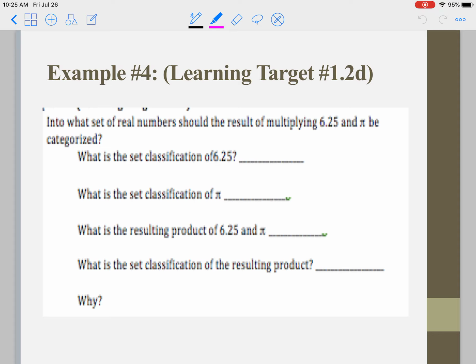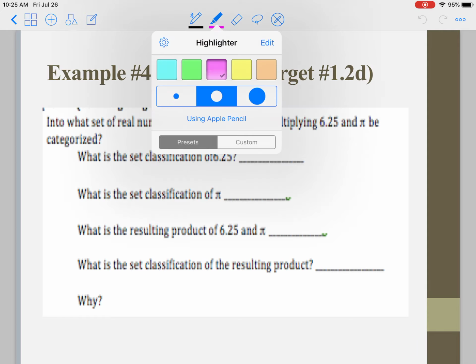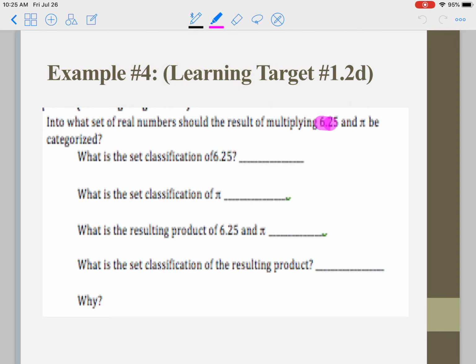So to approach this question, we can break it down into smaller steps, considering each piece individually. In this case, our individual pieces are our numbers being multiplied. So we have 6.25 and we have pi being multiplied.